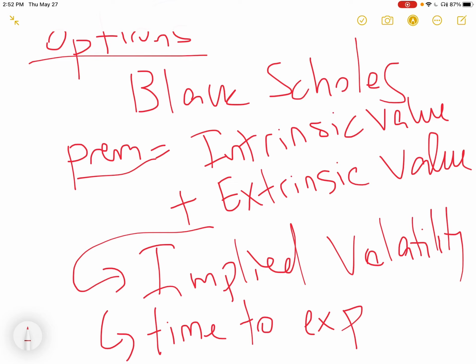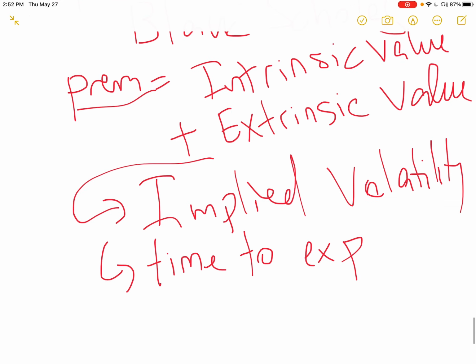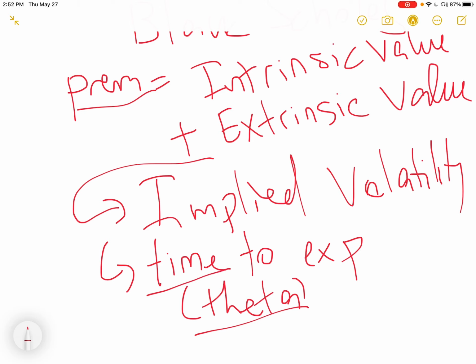The reason is that one of the variables in the options model is called theta, and theta is basically time driven. With less time to expiry, the premium of your contract goes down faster and faster. Every day your theta will eat into your premium. If you bought an option, your premium will go down every day because of the extrinsic value that's tied to time.